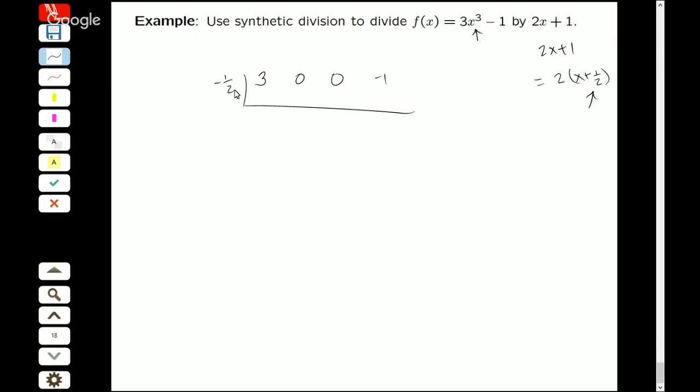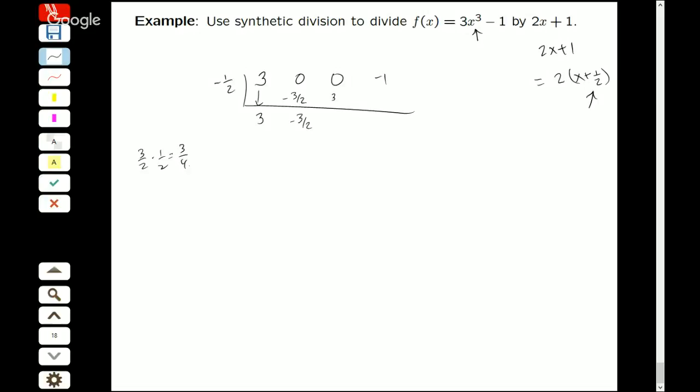and bring our 3 down. 3 times -1/2, -3/2. Add that to 0. -3/2 times -1/2. You divided 3 over 4, right?